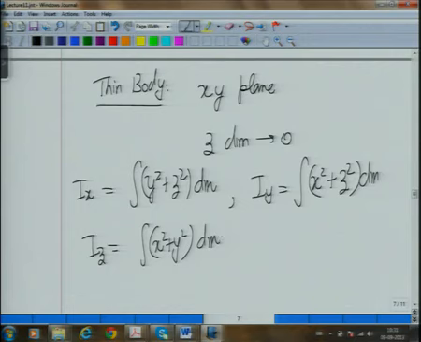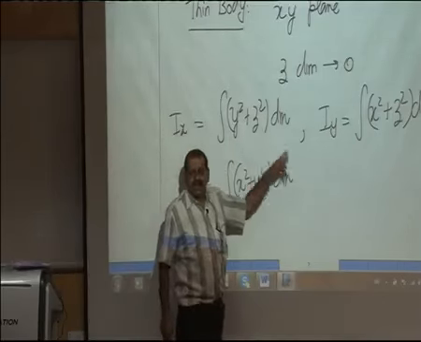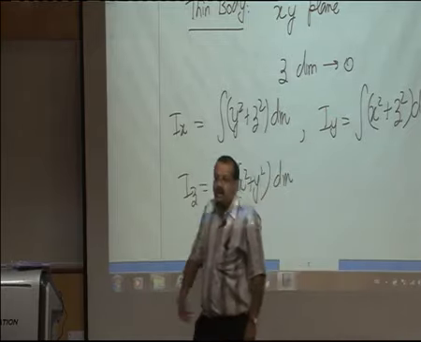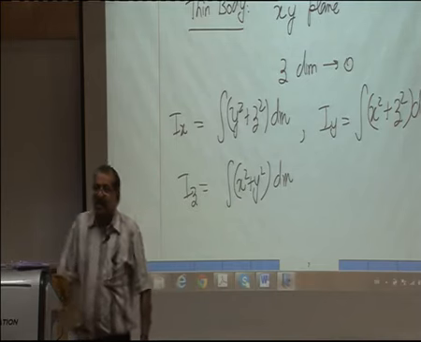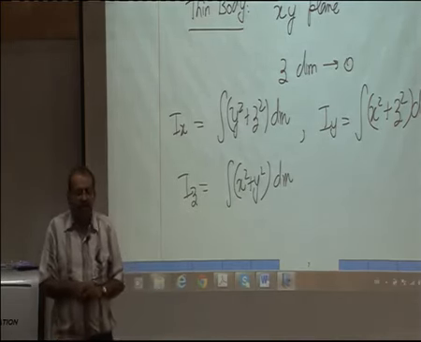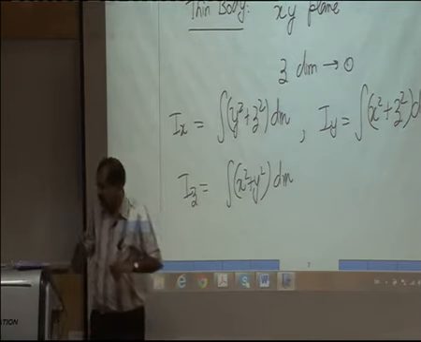And this leads to what you know from school as the perpendicular axis theorem. If you put z going to 0, what do you get? Ix is equal to integral y square dm, Iy is equal to integral x square dm, and Iz is equal to Ix plus Iy. So, this is what leads to what is termed the perpendicular axis theorem. The perpendicular axis theorem is valid for thin bodies.